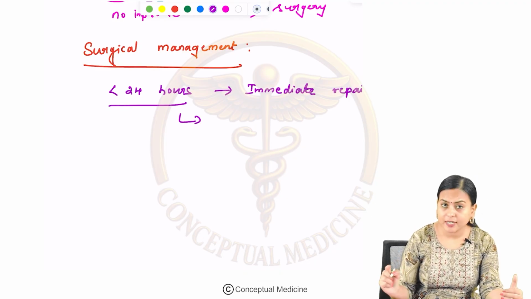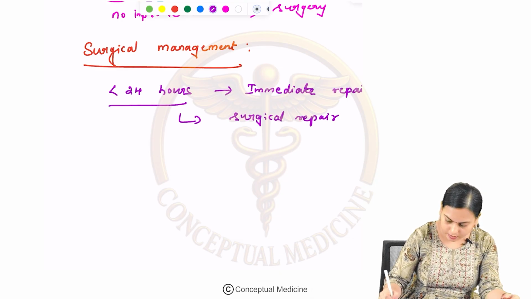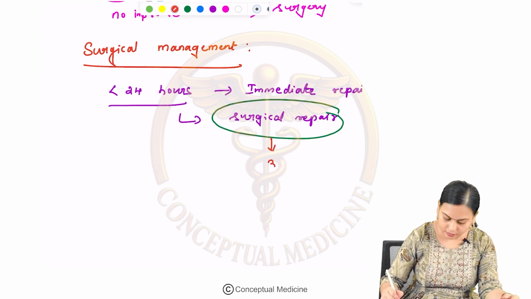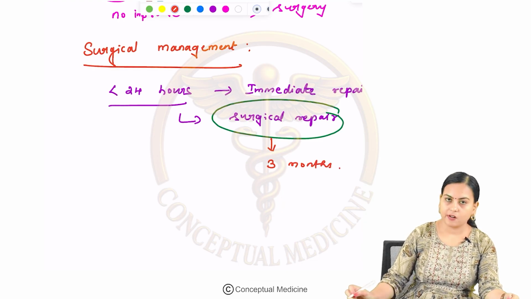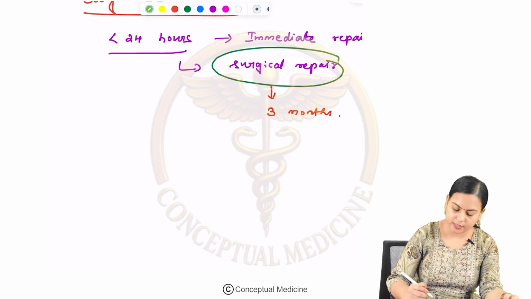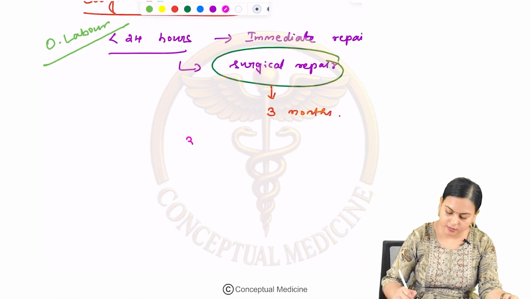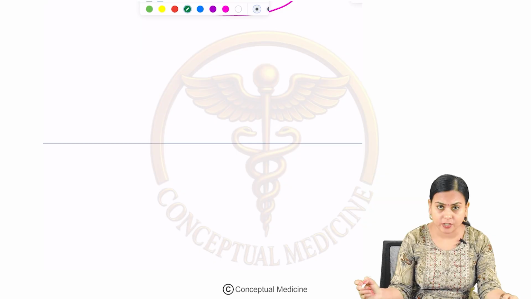Otherwise, you can plan for conservative management, and surgical repair is planned only after 3 months. Understood? This is especially in a case of obstructed labor. Clear? So, optimal time to operate a fistula is 3 to 6 months. Okay? Let's see what are the routes of vesicovaginal repair now.